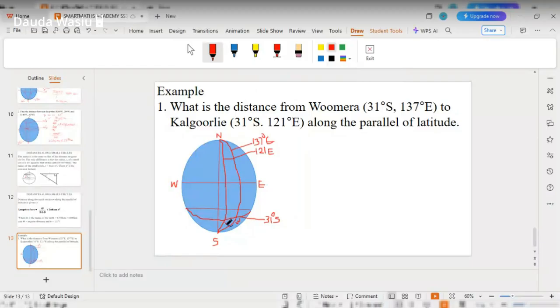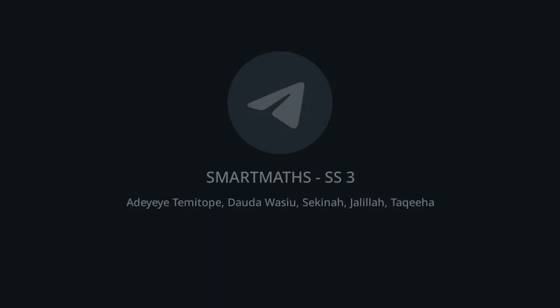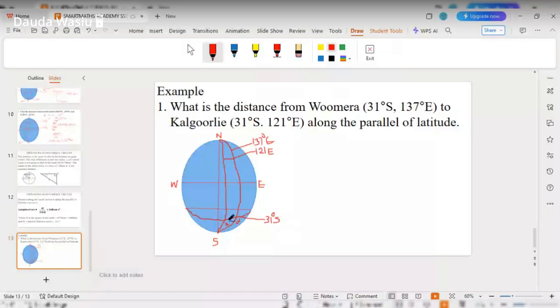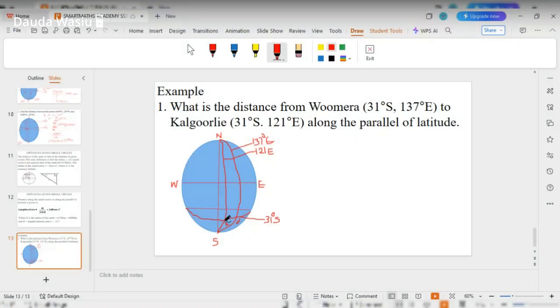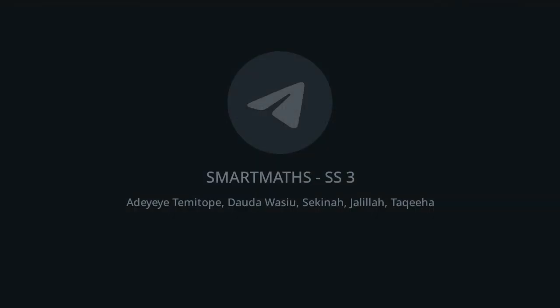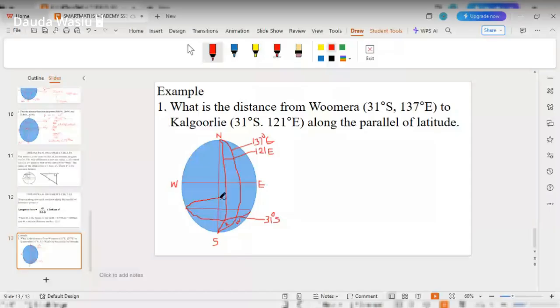Now, since we are calculating along the latitude, it will be distance along the small circle. So we are taking this to the center of the small circle. So this is the small circle.